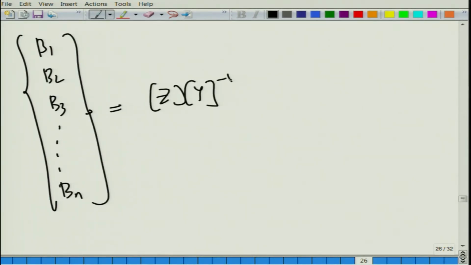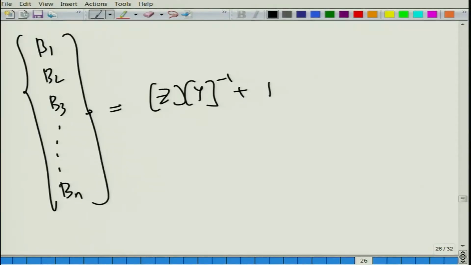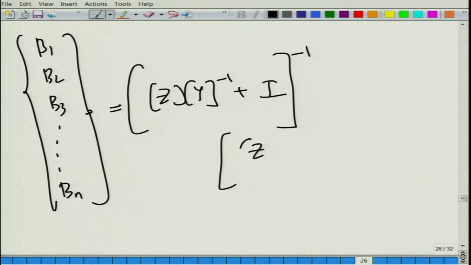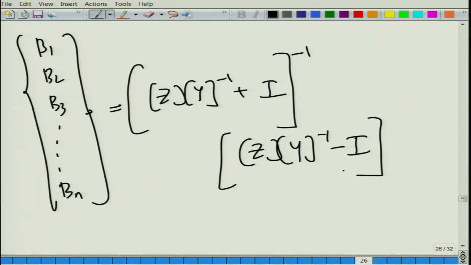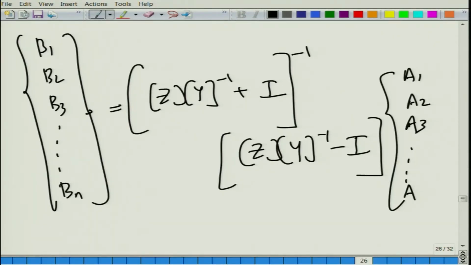So, Y inverse will be, Y is a diagonal matrix, so it is y1, y2, y3, yn all on the diagonals, everything else is 0. So, Y inverse, you just have to take the inverse of the diagonal element. So, this will be plus I. So, this is a much more compact way of writing stuff, and Z Y inverse minus I times A1, A2, A3, An.